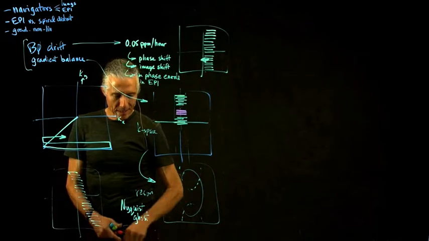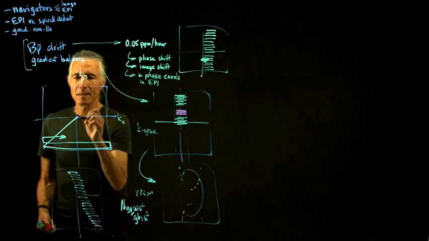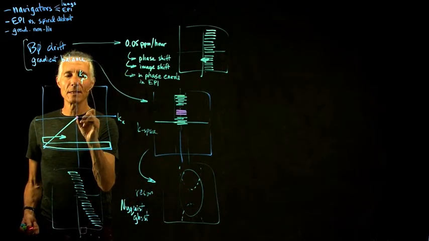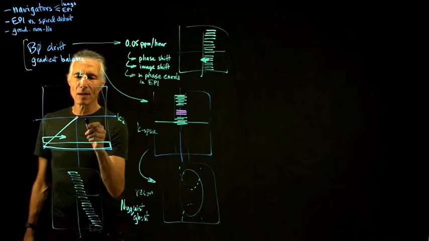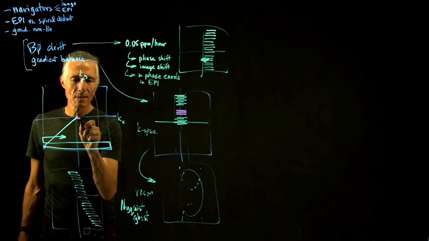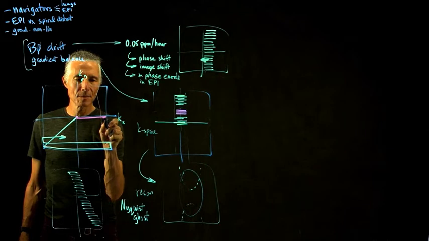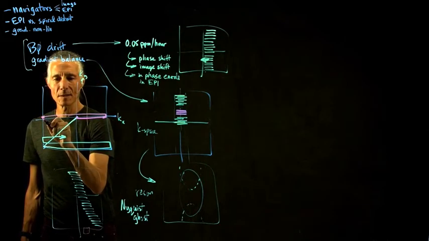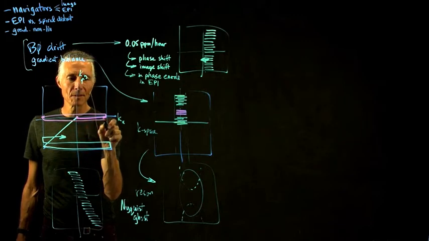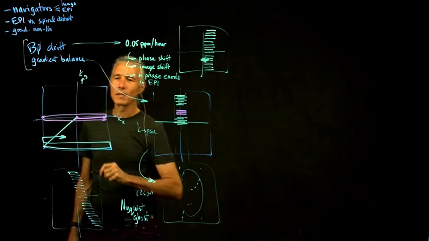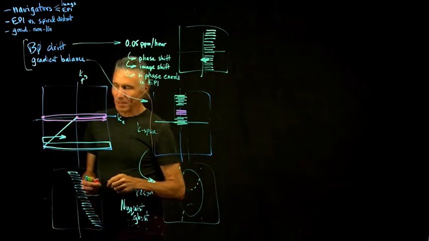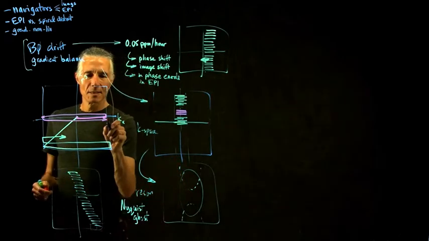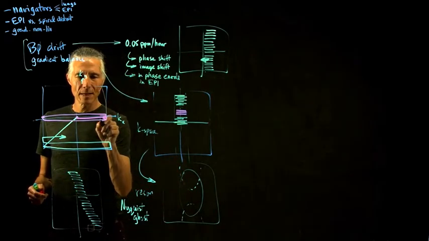The way this is done is when you first go to k-space, instead of immediately going down to the corner, just go across k-space a couple times, 2 or 3 times, very quickly at the beginning of the slice.